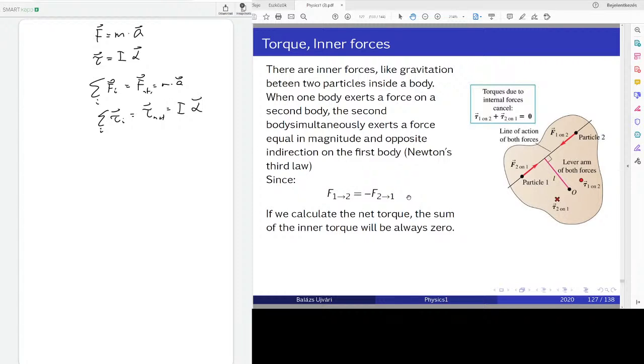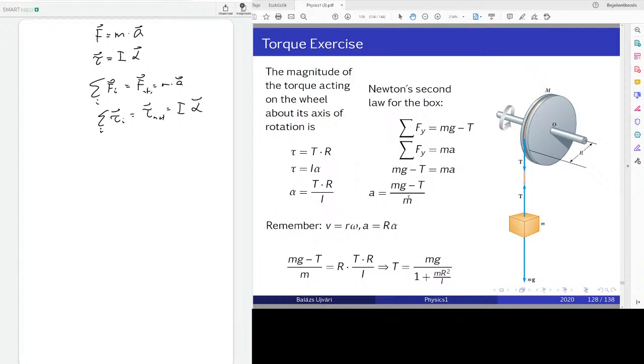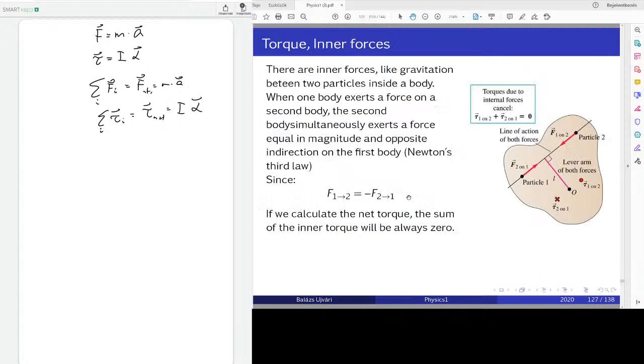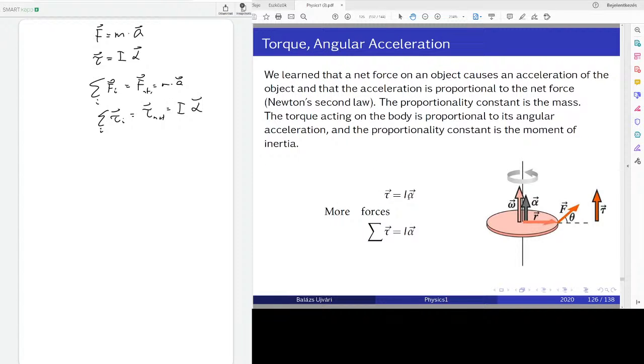Let's see some example, because it's not that bad to calculate with. Let's stay here. So for example, if I have a rotating cylinder around this axis, at t equals 0 we have some omega.